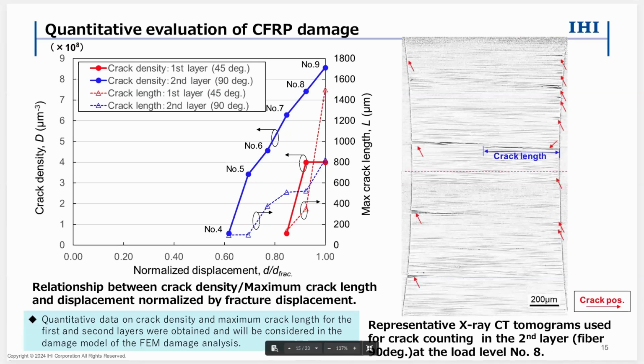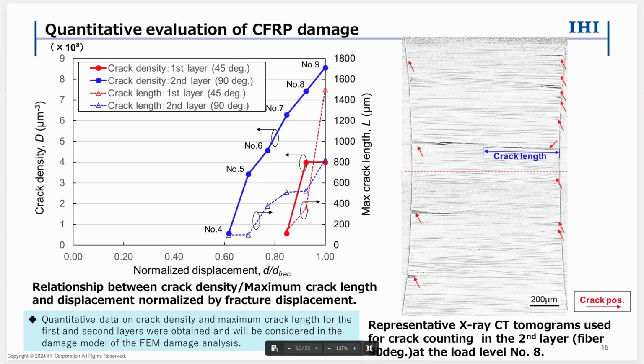This is the final result slide. The left figure shows the quantitative data, the relationship between crack density, maximum crack length, and displacement normalized by fracture displacement. Please see the blue colors. This is the crack density in the second layer.